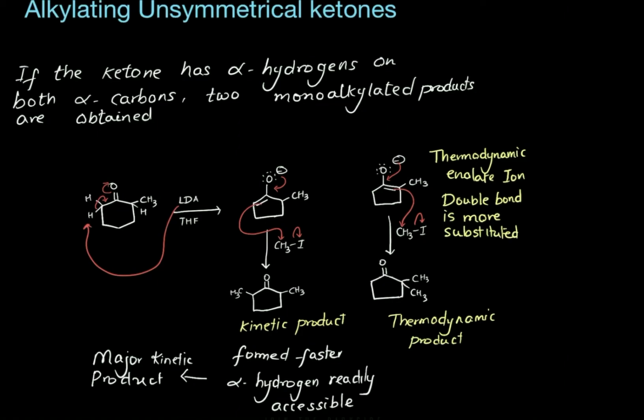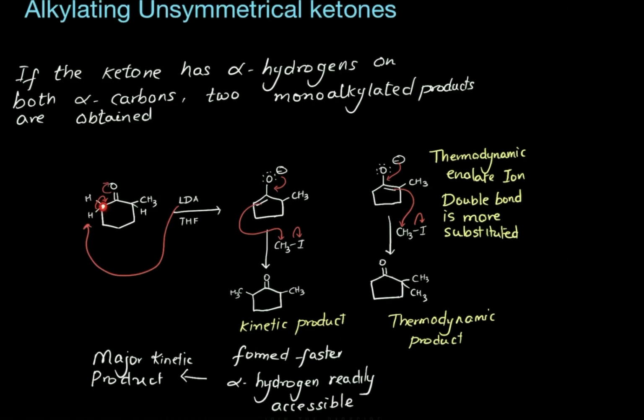Okay, let's see what's going to happen when you want to alkylate an unsymmetrical ketone. Here is an example of an unsymmetrical ketone. In an unsymmetrical ketone, the LDA has two different chances for abstracting the alpha hydrogen. For this particular compound, there are two different types of alpha hydrogens.